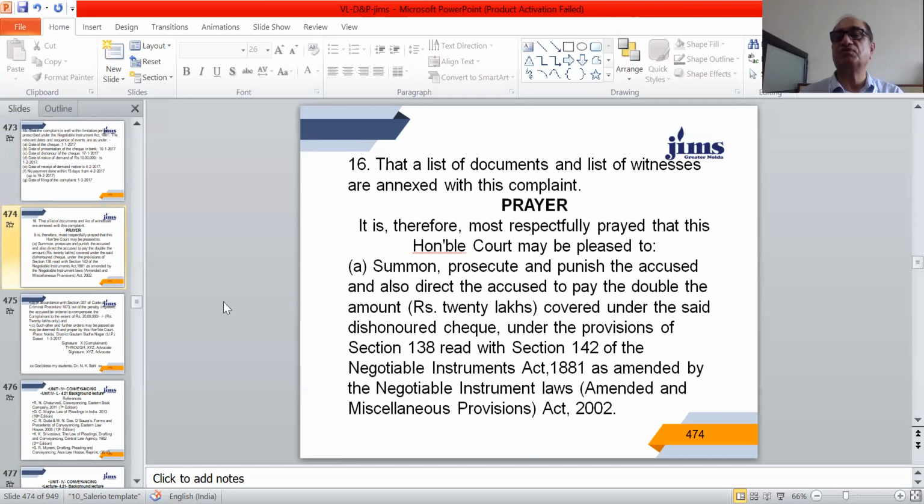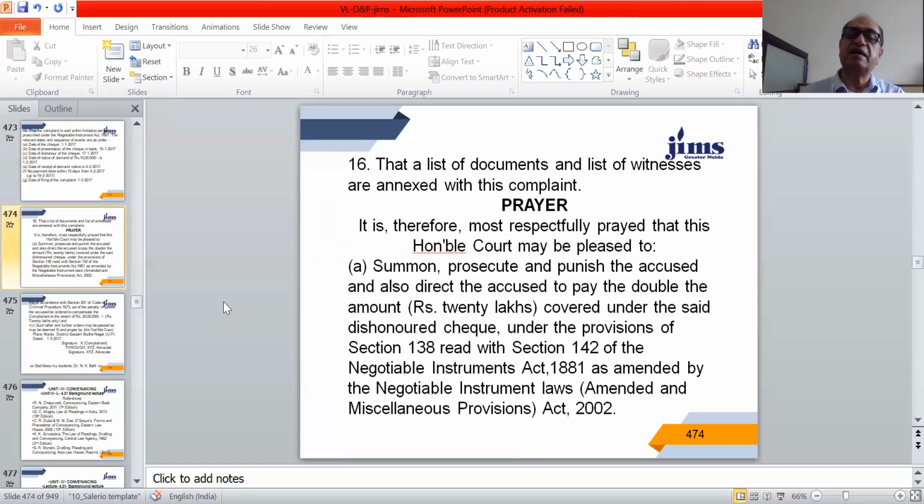Now finally, you are to draft the prayer clause also. Center heading: Prayer. It is therefore most respectfully prayed that this honorable court may be pleased to. Now you have prayer number 1A.